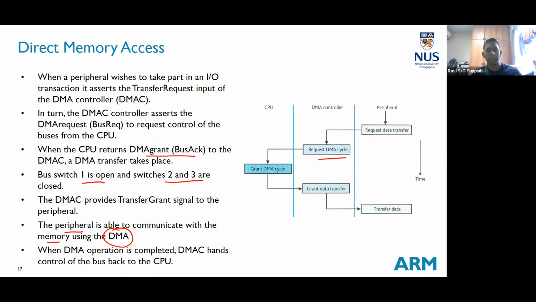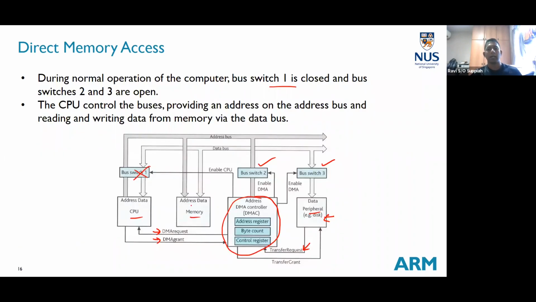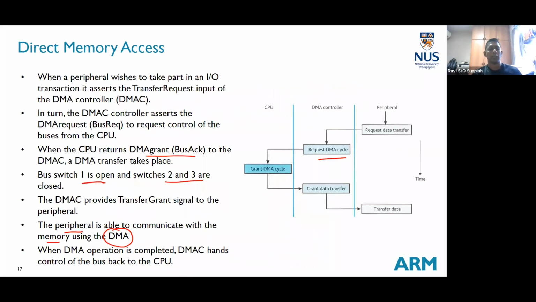Once it is done, it can send a signal back to the CPU to enable it again. That allows the CPU to get access back to the bus while disabling the DMA block from the bus. So that is basically how the DMA controller can help you with memory moves within the system without getting the CPU involved.